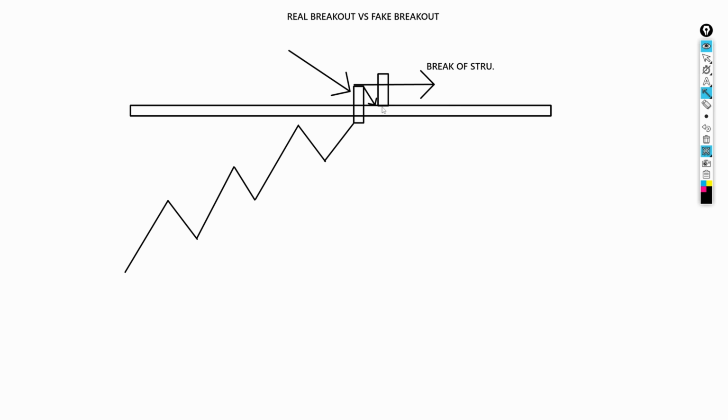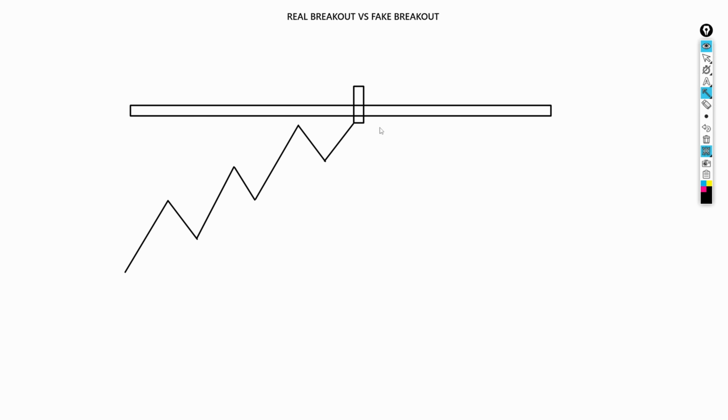So that is how you can find if it's a real breakout or a fake out, because once you have another break of structure after the breakout like happened here, this is a confirmation that yes, this is a clear breakout. It has not been formed by fake volume and it's not a trap.